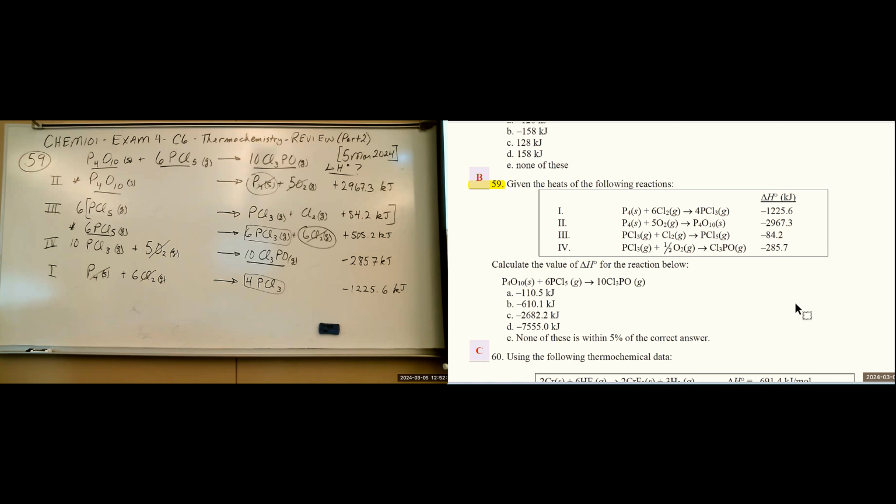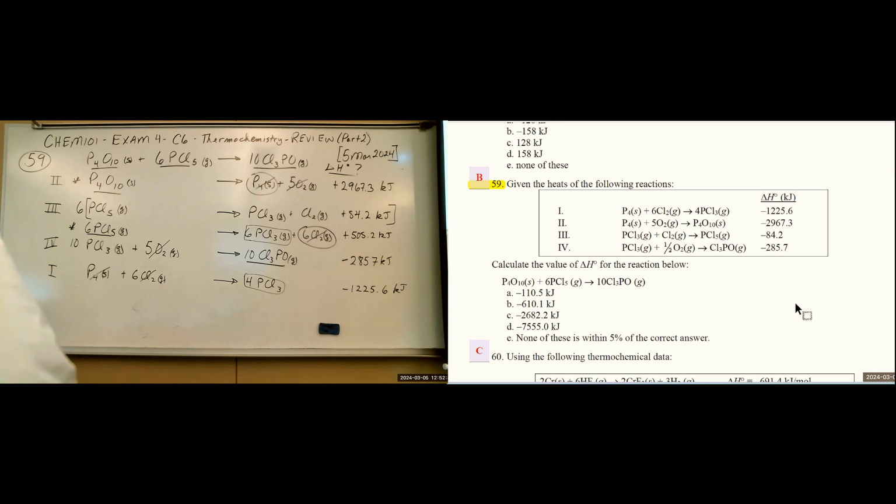So I got 2 up there. Yep. And then I did 3, 6, 6, 6. Yep. And then I did 4, 10 PCl3. I go 2, 10. Okay.